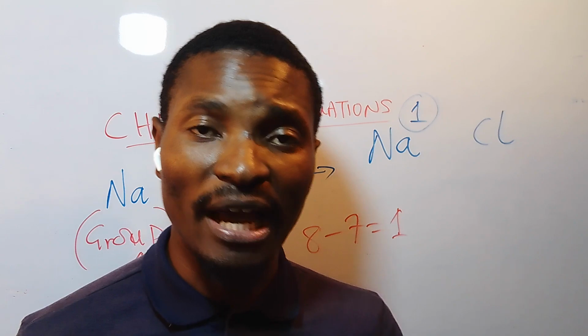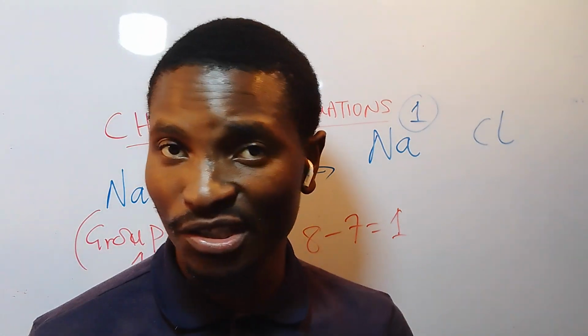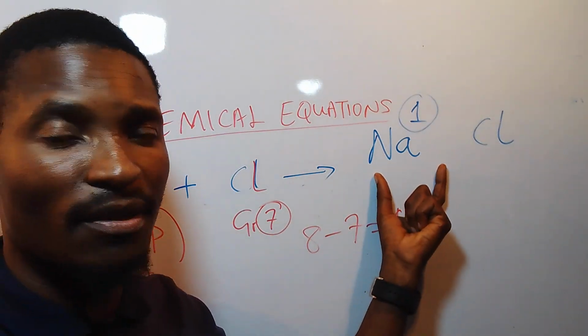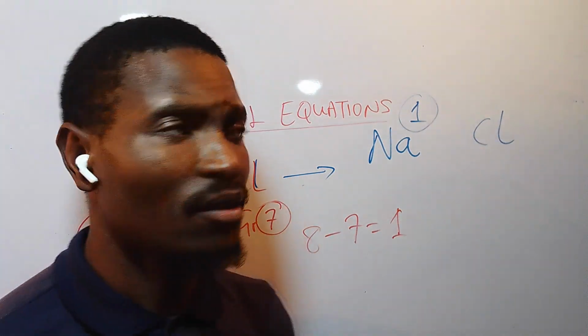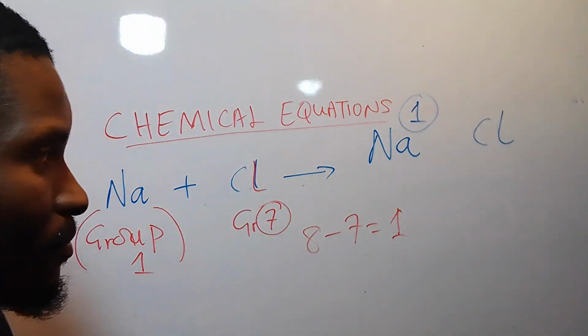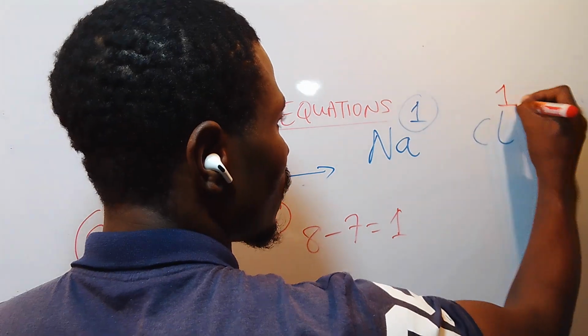When hydrogen is behaving as a metal, it is normally in group 1. So if sodium is a metal, chlorine is going to be a non-metal, and obviously a halogen. Okay, so we have 1 there.